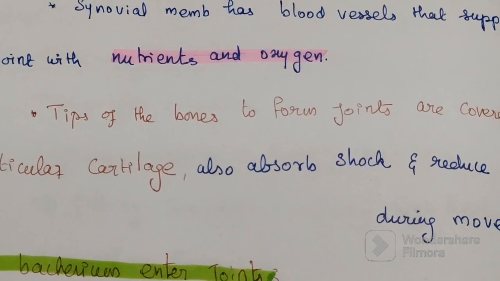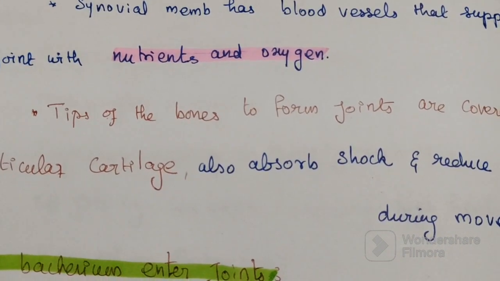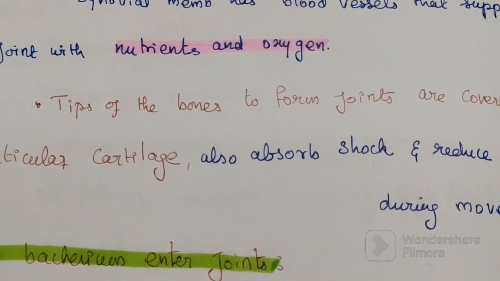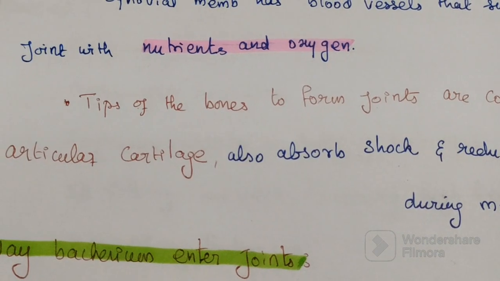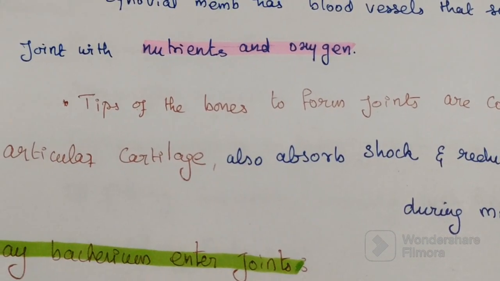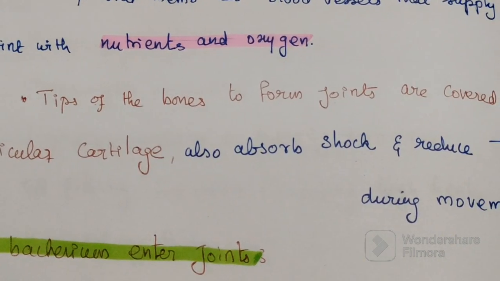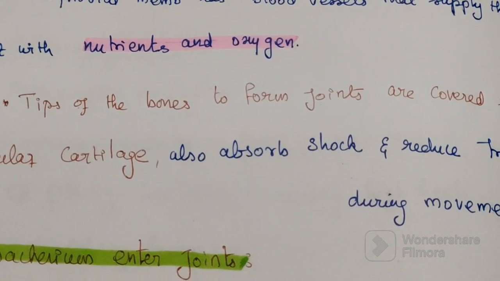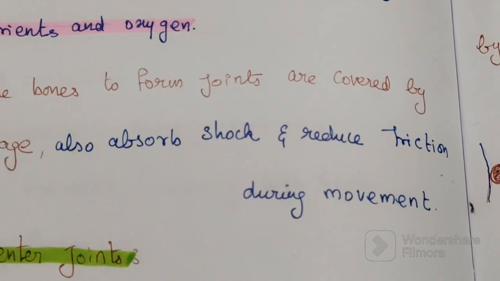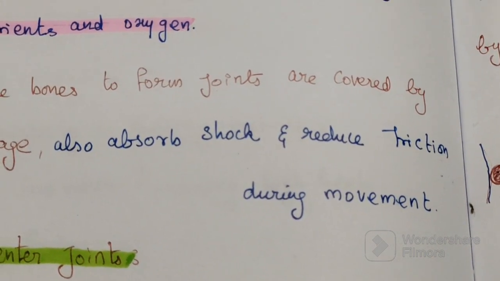The tips of the bones that come together to form the joints are covered by articular cartilage, which is a slippery, smooth layer of cartilage that absorbs shock and reduces friction during movement.